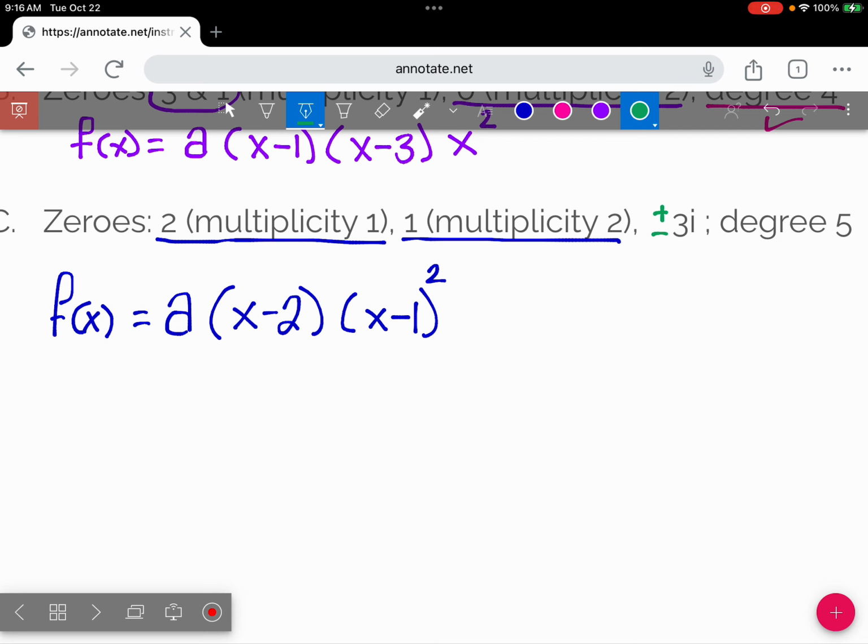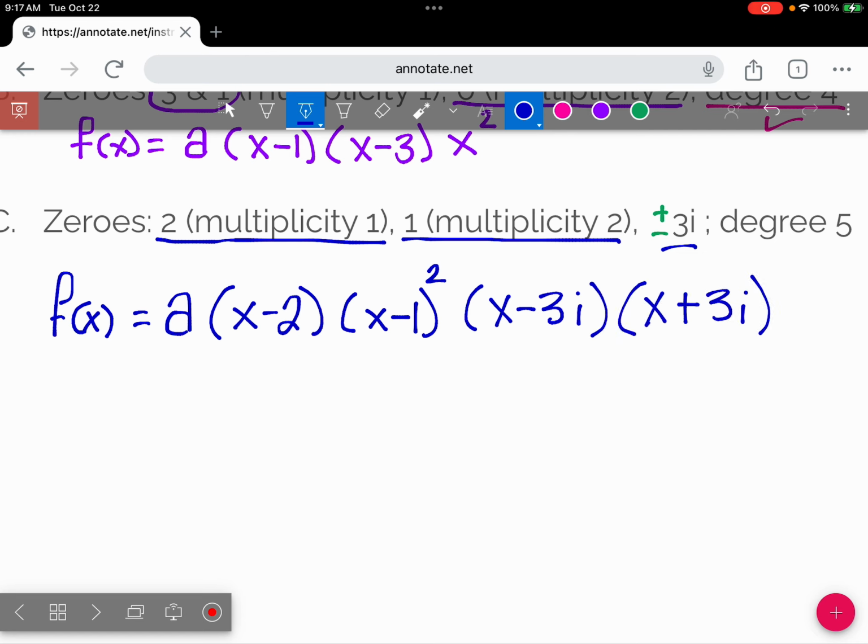So how could I write those as factors? What did we do when we had like a 1 or a 2? X minus 3i. We can do it that way. And then we can do x plus 3i.